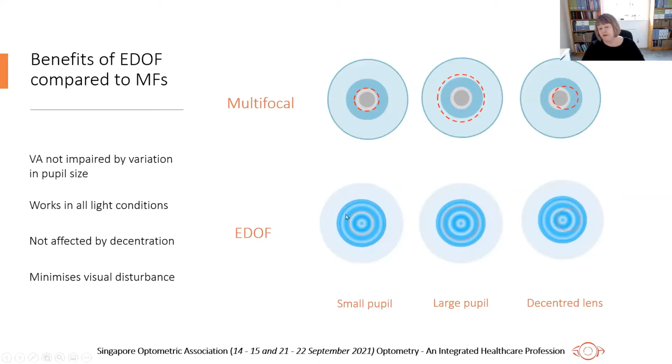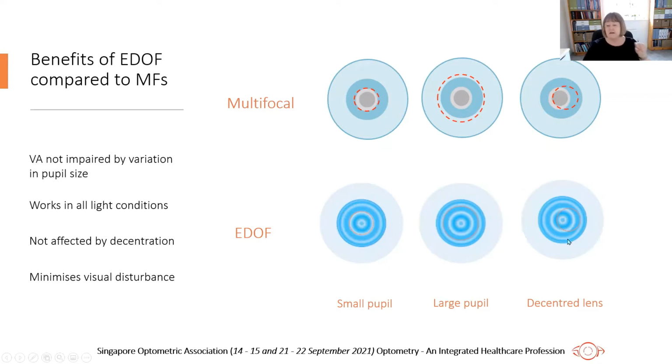However, when you have this variable power profile across the optic, in all of these situations, you're getting the required power going through either a constricted or dilated pupil, or even when the lens is decentered, you're still getting the same effect.